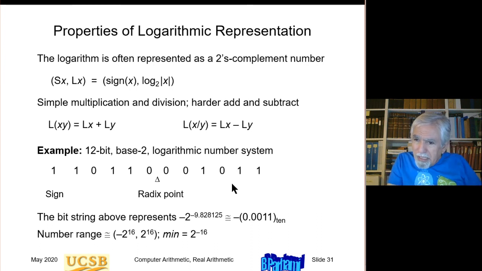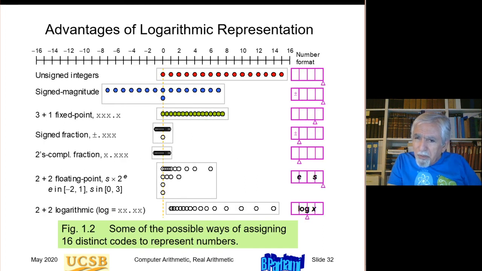But notice that it has a lot of precision. It doesn't just represent integers. So how does it do it? Well, there's a trade-off. For larger numbers, the spacing between numbers increases. Here's a chart that I showed you early in the course: if you have 16 tokens, a 4-bit representation, it's up to you how you use those 16 tokens to represent 16 values.